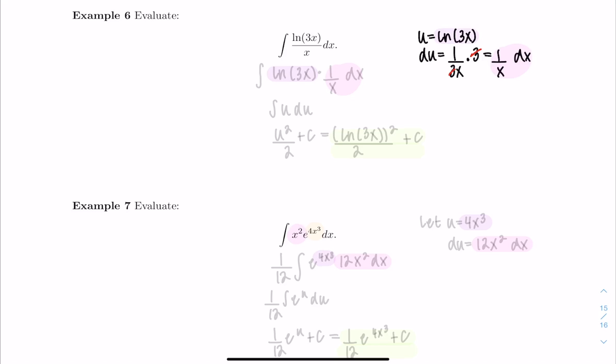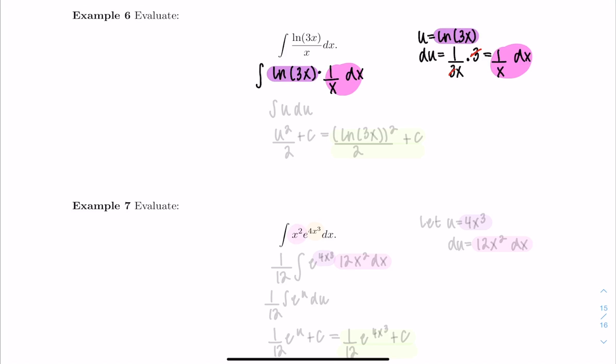And so what we end up having here, we could rewrite this so it makes a little bit more sense. ln of 3x times 1 over x dx. Now we can just use the substitution. This 1 over x dx can be replaced by du, and the ln of 3x can be replaced by u.